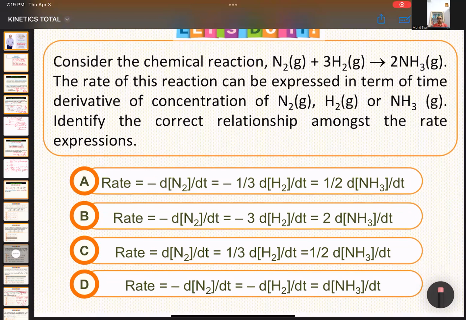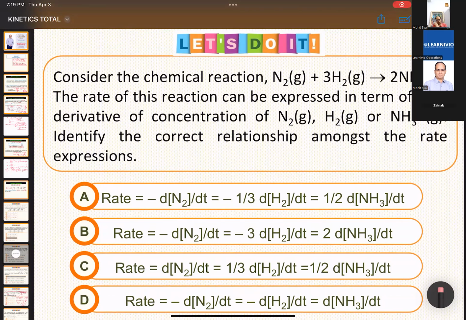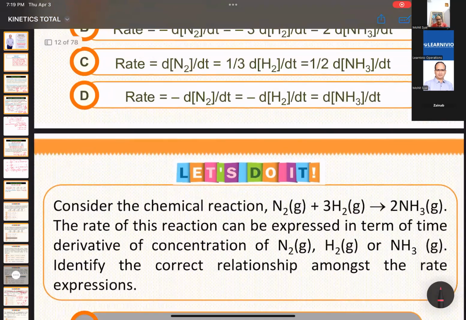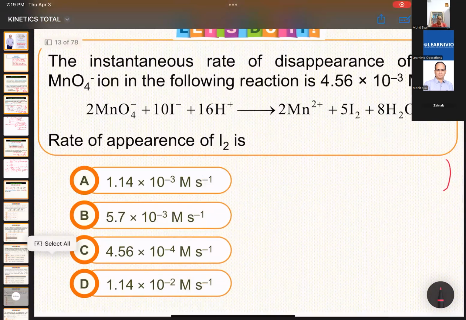Option A: N2 with a minus sign, H2 with a minus sign and divided by 3, and ammonia NH3 with a positive sign because it is being generated, divided by 2. Yes, option A, correct. Very good, you understood this very well. Great, so let's get into the numericals now.